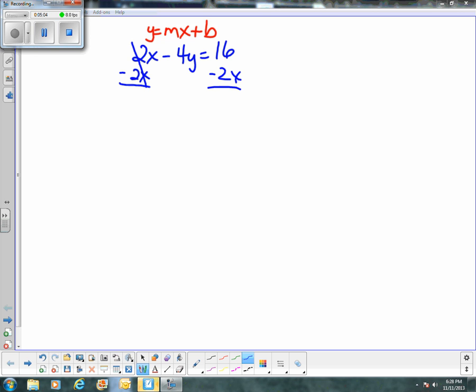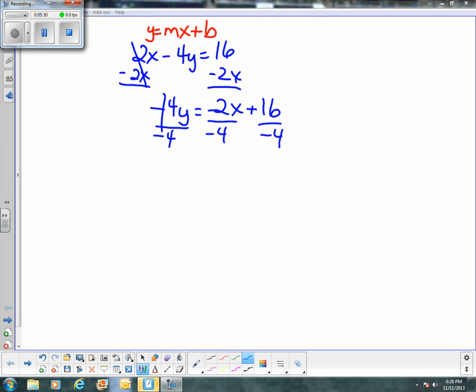Cancel out. That leaves negative 4y equals negative 2x plus 16. Again, I put the negative 2x in front of the 16 so that it follows the formula.